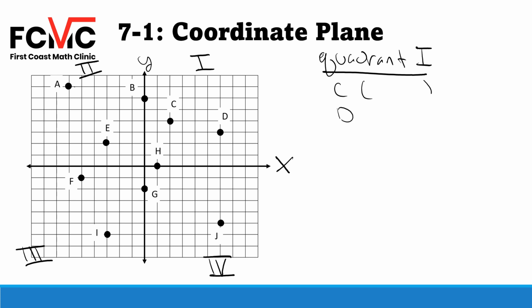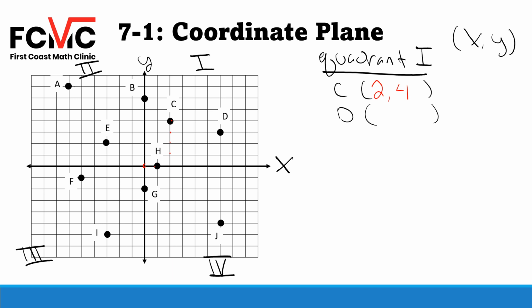So C, if we're going to find point C, start at 0, right? We're going to go over 1, 2, so x is 2, and then we're going to go up 1, 2, 3, 4, so y is 4. Remember, our ordered pair is x value first and then y value. So C is going to be 2, 4.